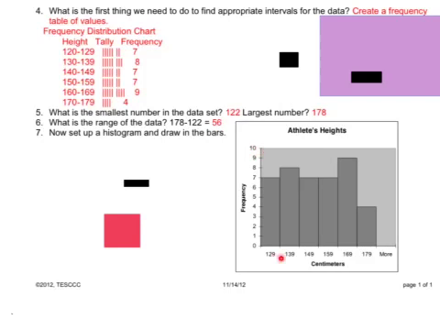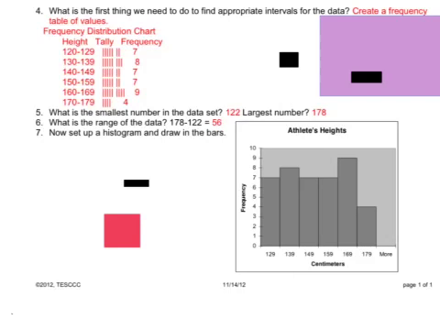Each of our bars touch because they are all connecting, because 129 ends at 130 and this one starts at 130 to 139. Sometimes you'll see in a histogram that instead of just the ending values, they actually state that it goes between 120 and 129. I think that's a better situation.